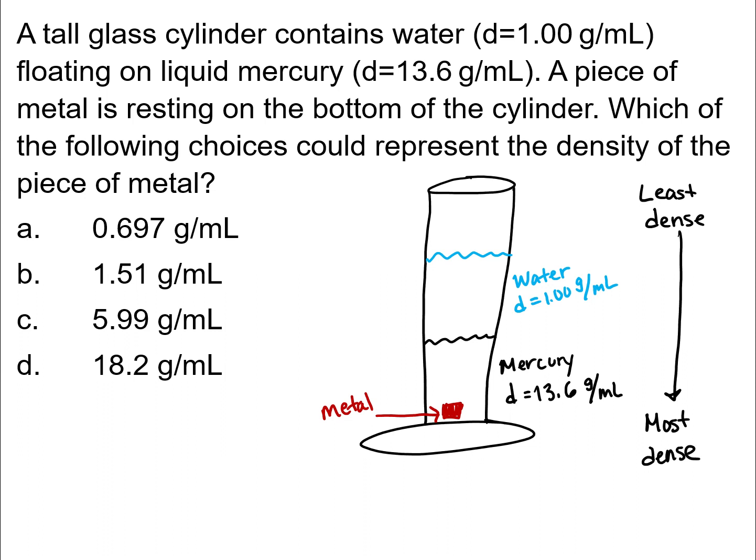With that context, is the metal piece going to be more dense than mercury, less dense than mercury, or have the same density as the mercury? It's going to be more dense. It's sitting at the very bottom.